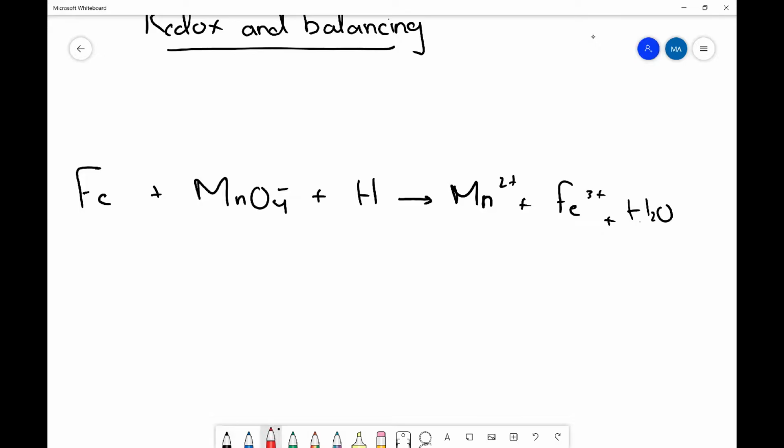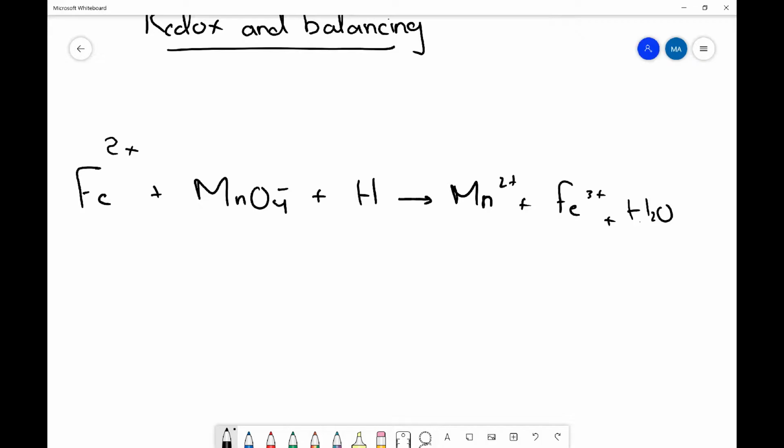First of all, redox. I would suggest you first mark all the oxidation states. Let's say, given in the question, iron is 2 positive. So first you're supposed to find out the unknown oxidation states, then you're supposed to balance the electrons.